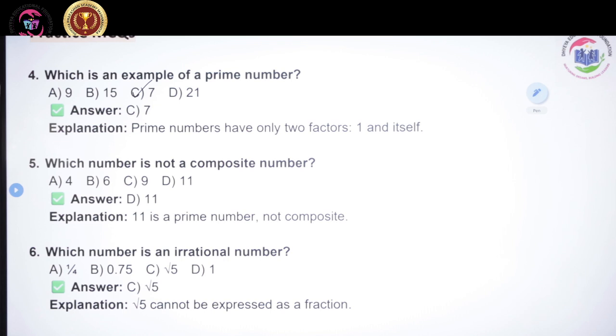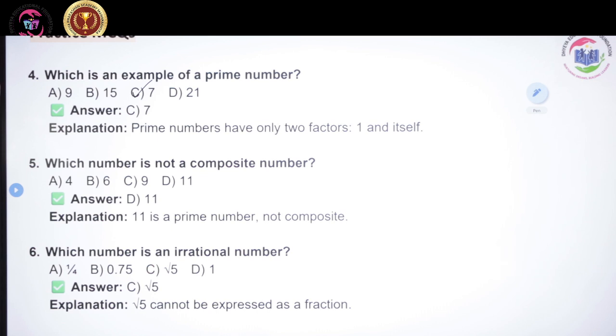Option A 4, B 6, C 9, D 11. First of all, what is a composite number? Composite numbers are those numbers which have more than 2 factors, 3 or more.